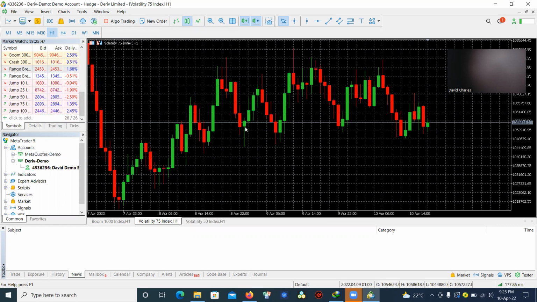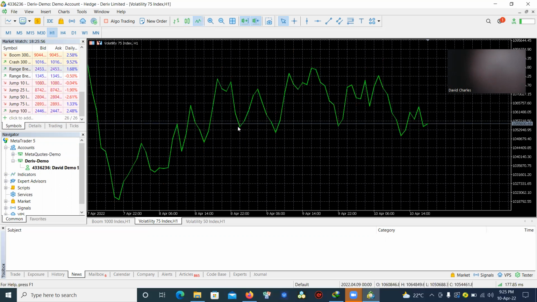When you're doing your analysis and you want to capture the place where the candle closes without this, you come here to your line chart, such that if you are to put a line, this is where your tools are. You click here and put it there.